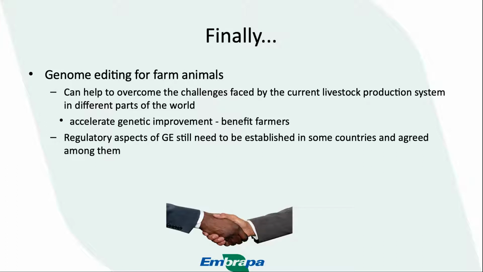Of course, we have to keep in mind that we always have some ethical issues that have to be considered. So it's not only about making genome edited animals, but you have to check if the gene or the mutation you want has other implications than the one you target, right? This is one thing that we have to keep in mind.